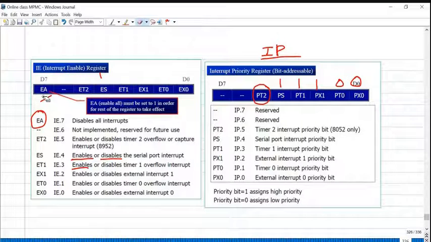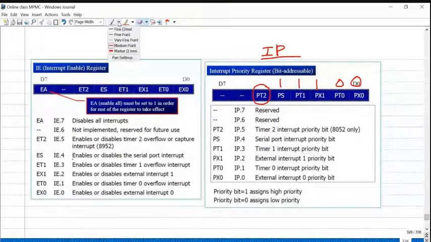Please answer me first. Look at this interrupt enable register. Timer 0 should be disabled. So which bit is related to timer 0? Are you there or not in that line? D1. So D1 should be disabled.